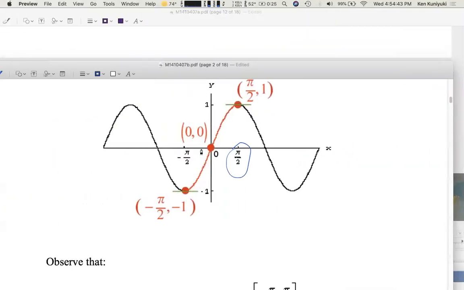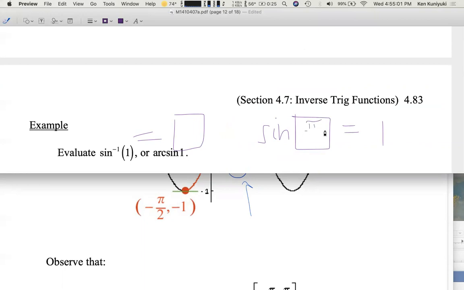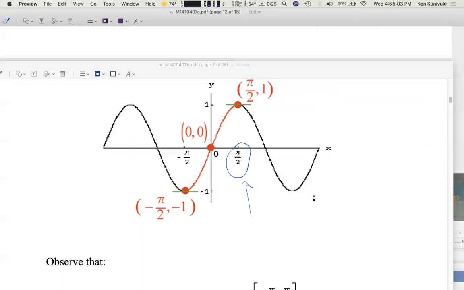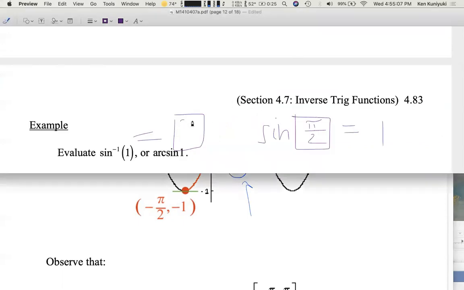And if you look at this red piece over here, of these various angle measures for x, the only angle whose sine value is 1 is pi over 2. So we have to fill in this box with pi over 2, because that's in the restricted domain. So the answer here is pi over 2.